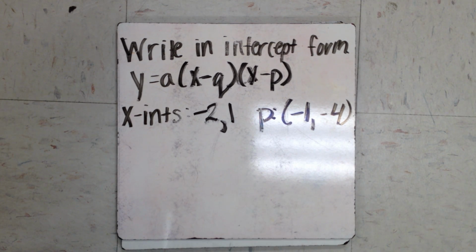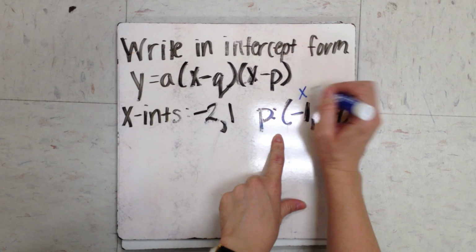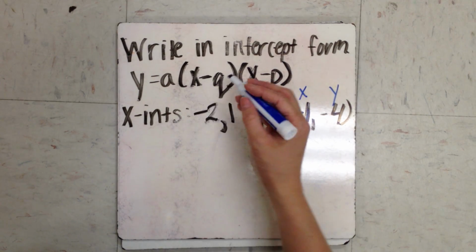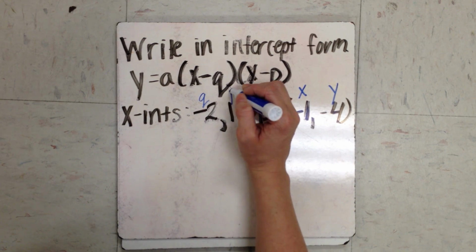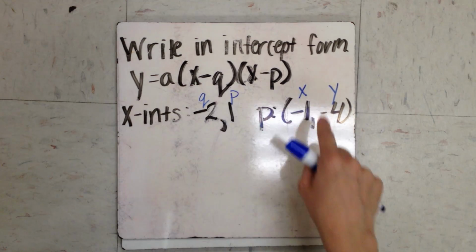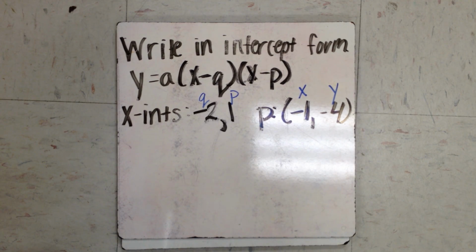Now it's the same type of setup as the problem before. Here our point is still our x and our y value, although our x-intercepts are going to be substituted in as q and p values. And once again, we'll be solving for a, and then using that to write the equation of that quadratic in intercept form.